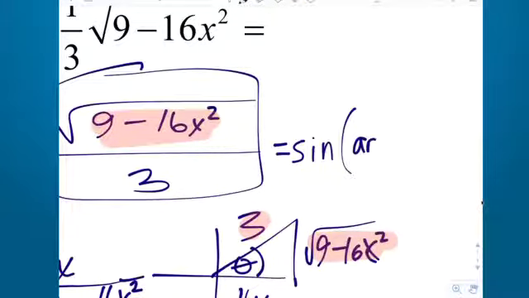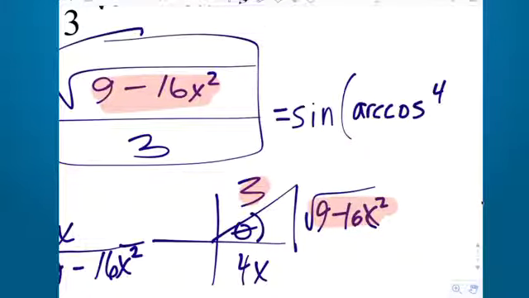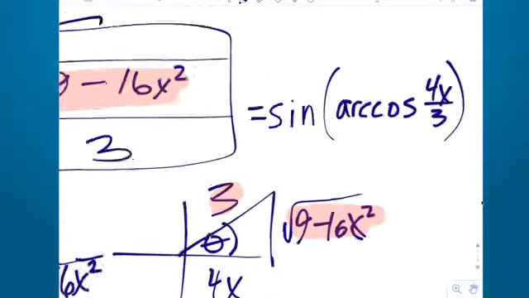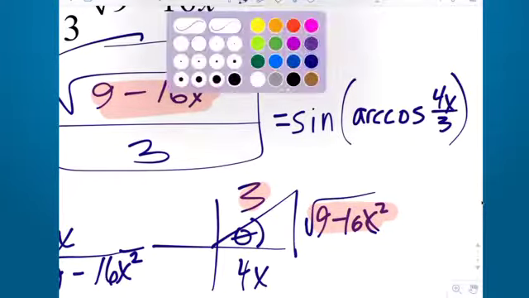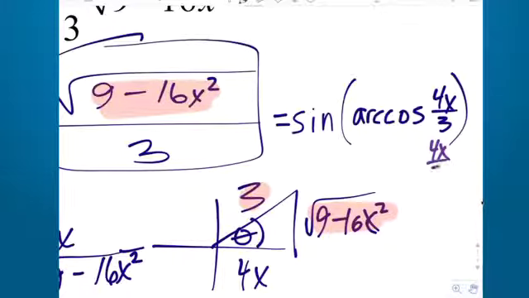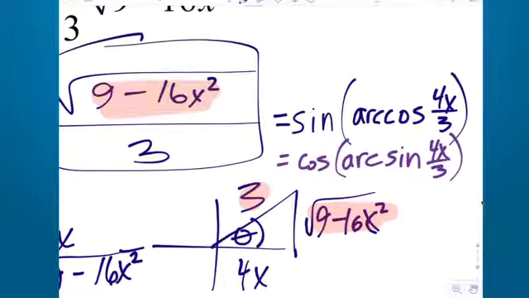Arc cosine of what? 4x over 3. Yep. And for kicks and giggles now, what would be the equivalent one that has 4x thirds as its ratio? Cosine of arc sine. Good. You just take the cofunctions of them.